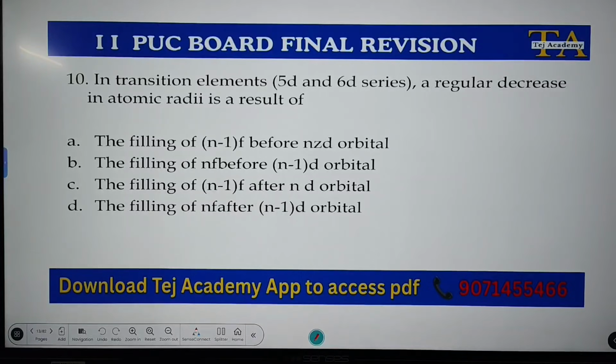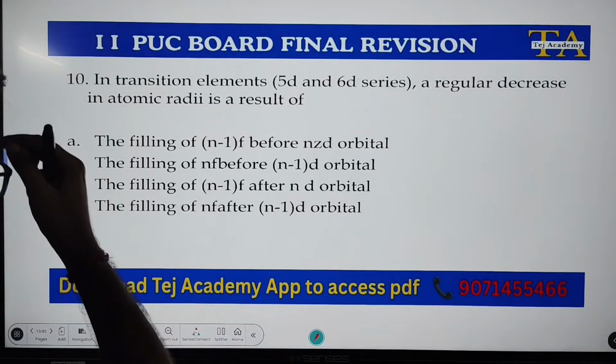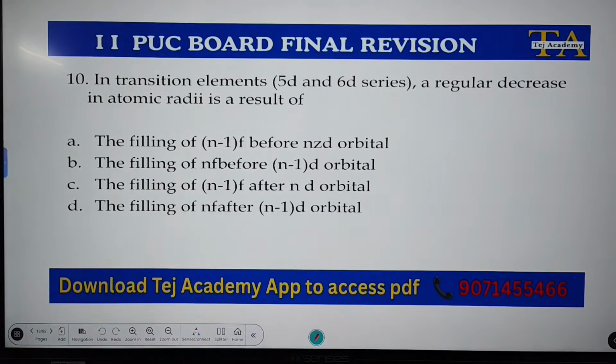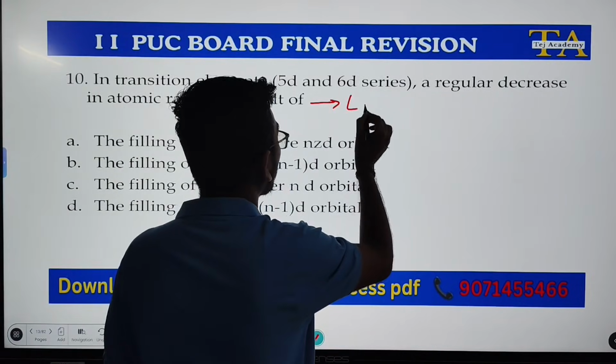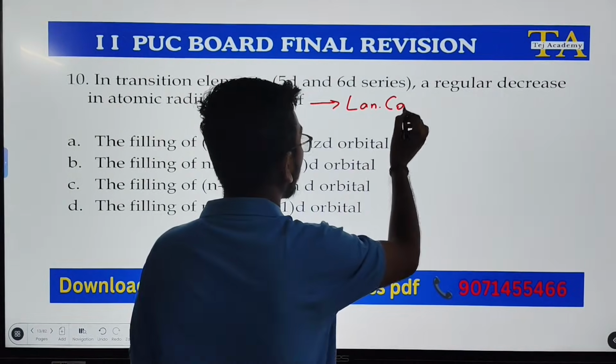So the 10th one. In transition elements of 5d and 6d series, a regular decrease in atomic radii. So we know that this is because of lanthanide contraction.